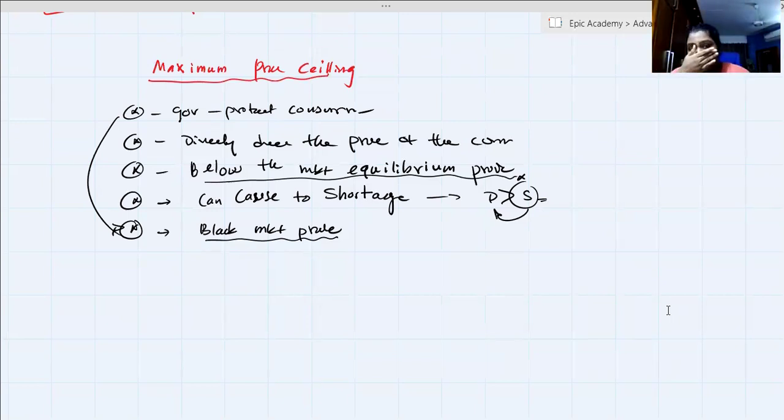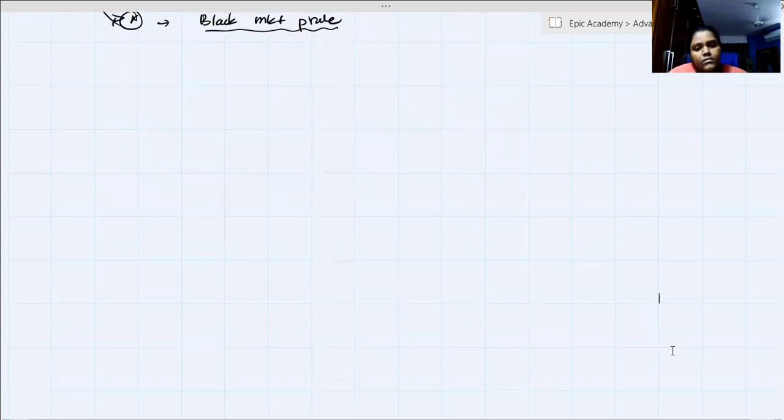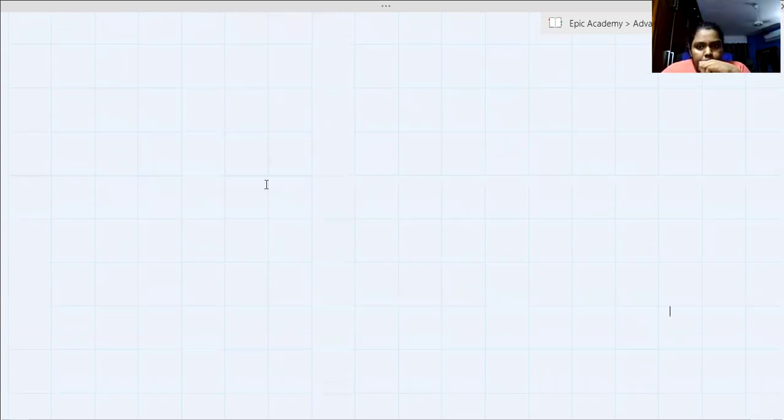And finally, there must be a black market price in the economy. So I will describe the actual situation by using a graph.